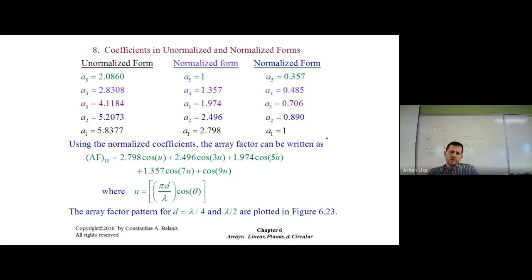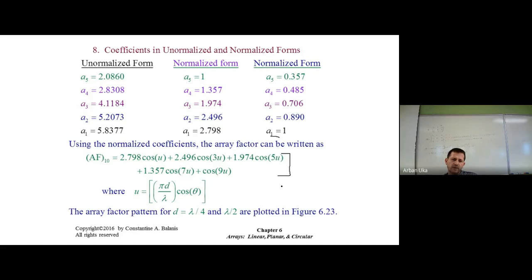We can normalize in 2 different ways: with respect to A5, or with respect to A1. Now, using the normalized coefficients, this is what the AF is going to look like. So finally, we have an array factor which looks like this.